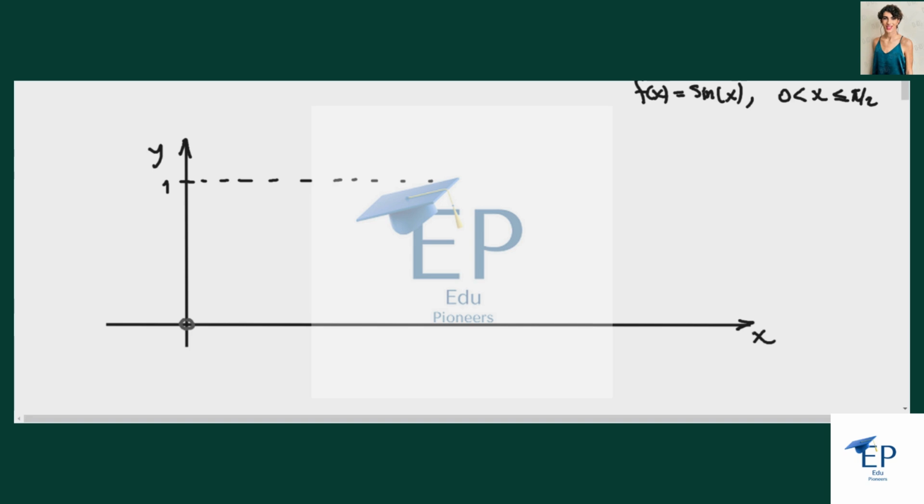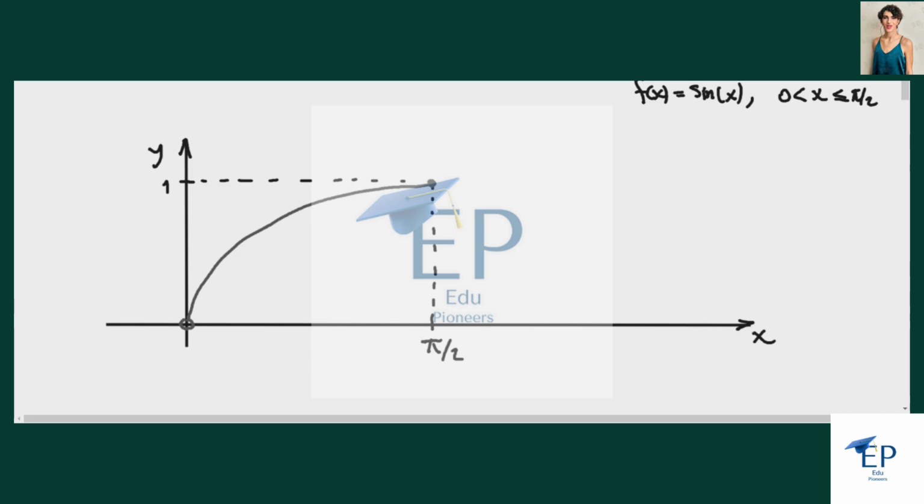Then we have the typical sine shape function, a little bit rounded near the top like this, and this value corresponds to 1 at pi half, and this is included, so I indicate that with a filled red circle.